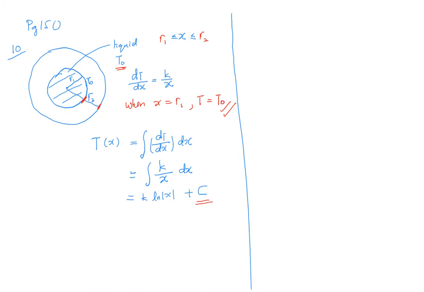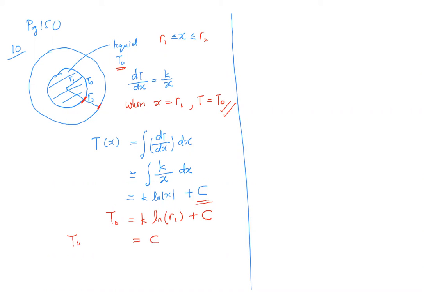So how do I use this information? You look, T0 equals K ln what? R1. R1, thank you. Plus C. So what is C?